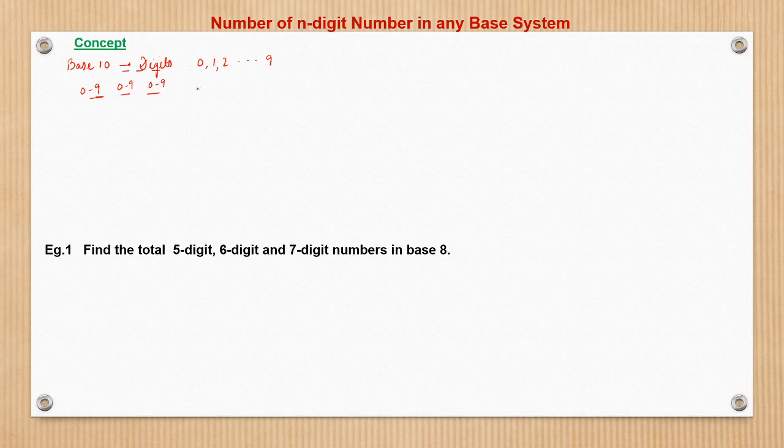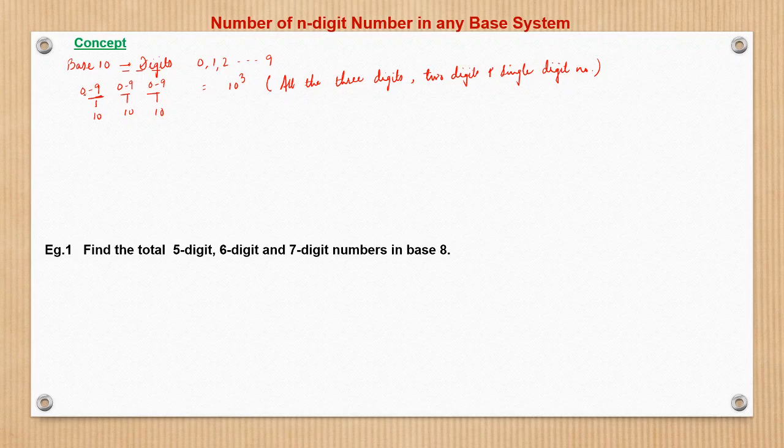If the question is to find the total numbers which are less than or equal to three digits, then this is 10, this is 10, this is 10. So this is nothing but 10 cube. This covers three-digit numbers, two-digit numbers, and single-digit numbers.